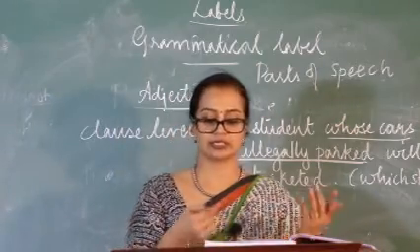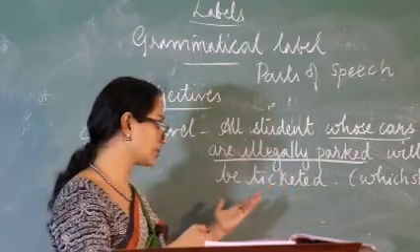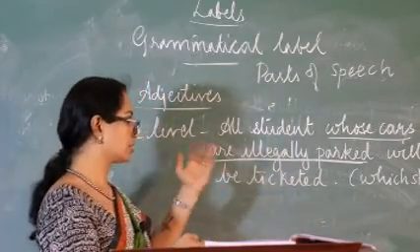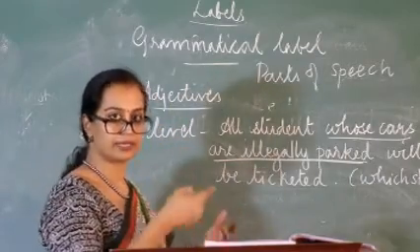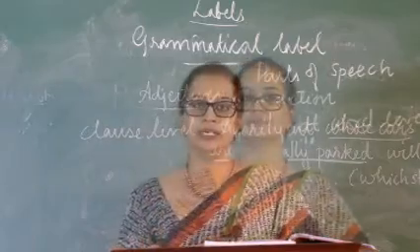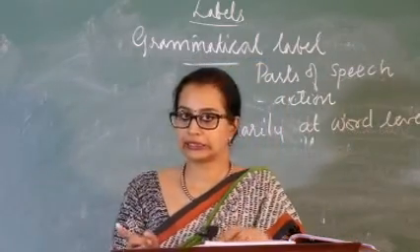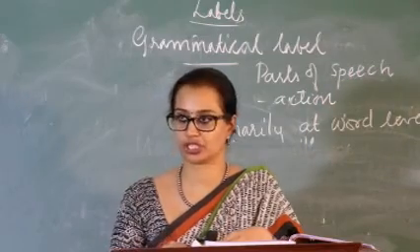And the next level is the clause level. All students whose cars are illegally parked will be ticketed. Which students? The students whose cars are illegally parked. So that clause becomes the adjectival clause. Even articles are special forms of adjectives.